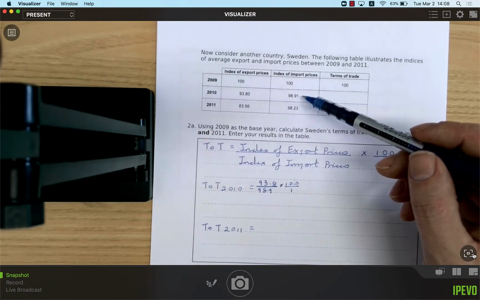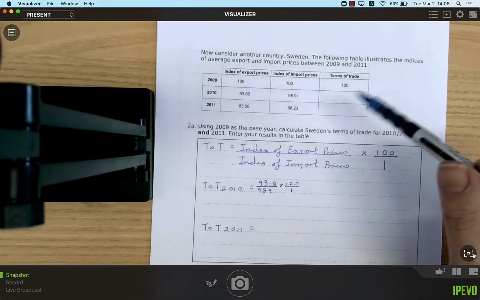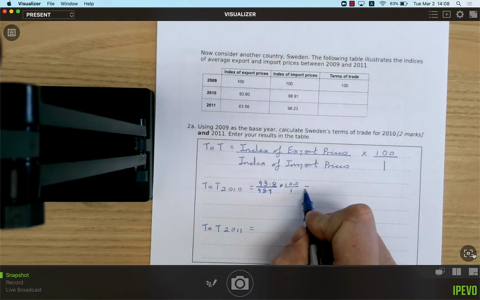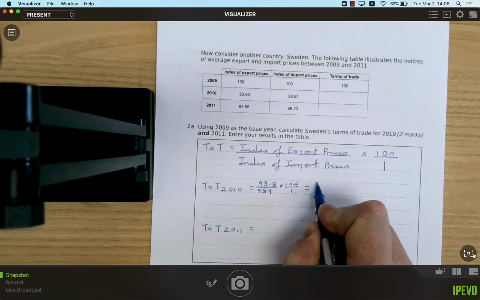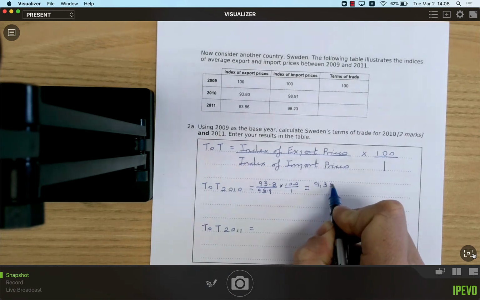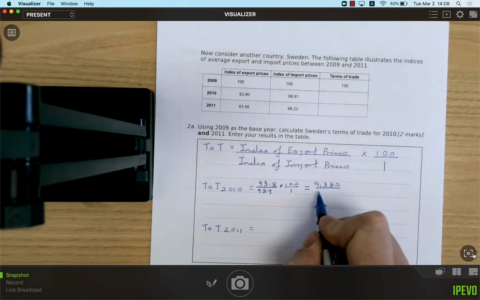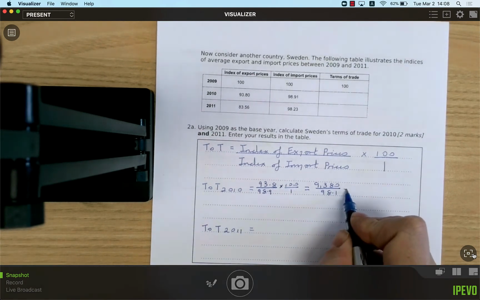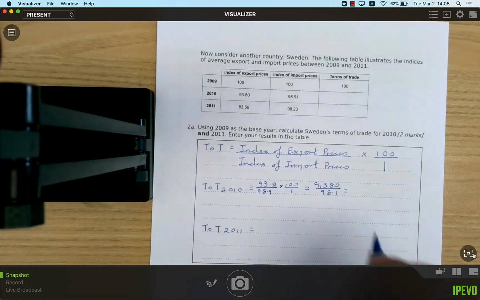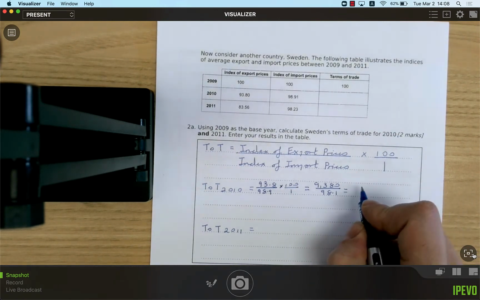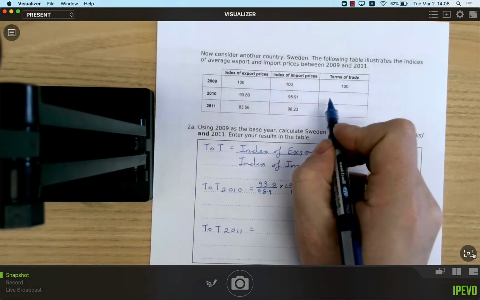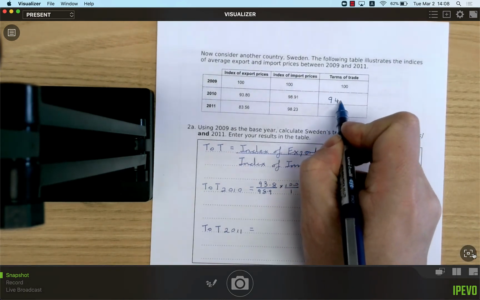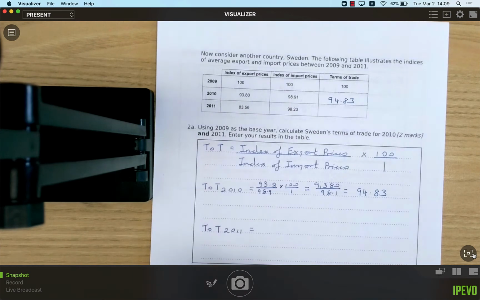Sorry, that's the index of export prices. And then we're going to multiply that by 100 over 1. What I get then is 9,380 divided by 98.9. I'm multiplying top by top and bottom by bottom. And what I get there is 94.83. So I'm going to put this here, 94.83. So we can see that the terms of trade have worsened between 2009 and 2010.